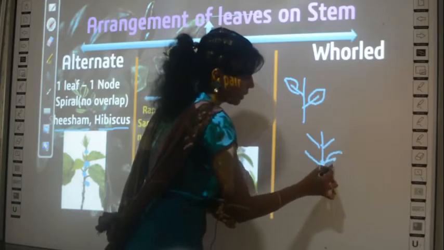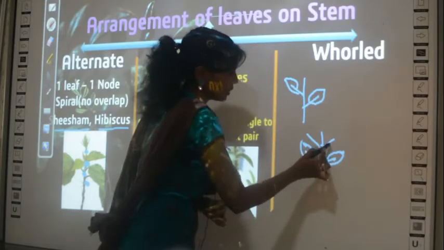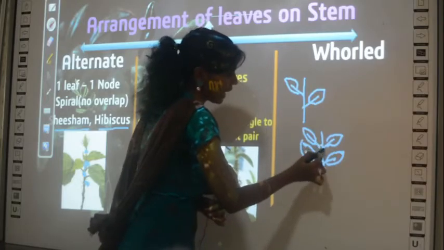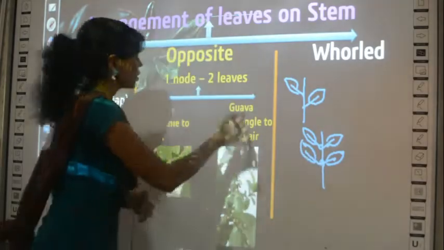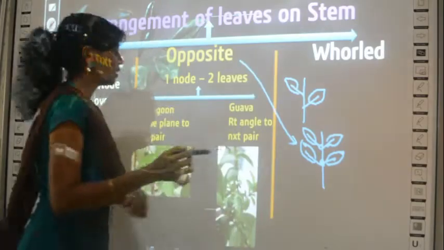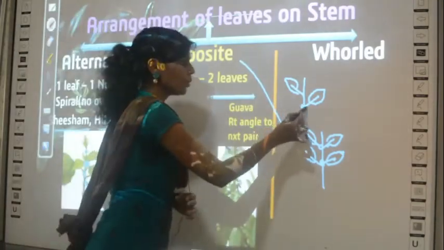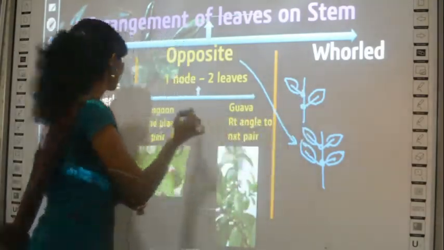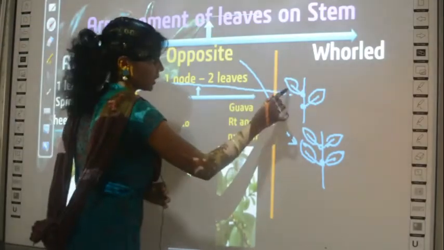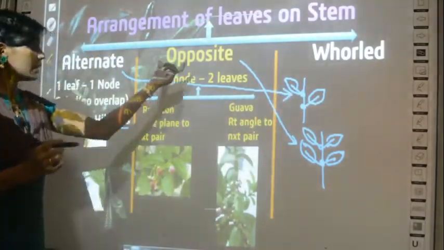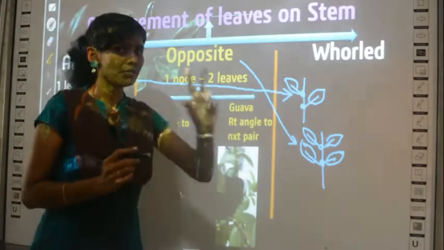Can you see the difference? In every node you will have two leaves in the case of opposite arrangement. If there is one node and one leaf, then it is called alternate arrangement. Clear? So in opposite arrangement, one node will have two leaves.